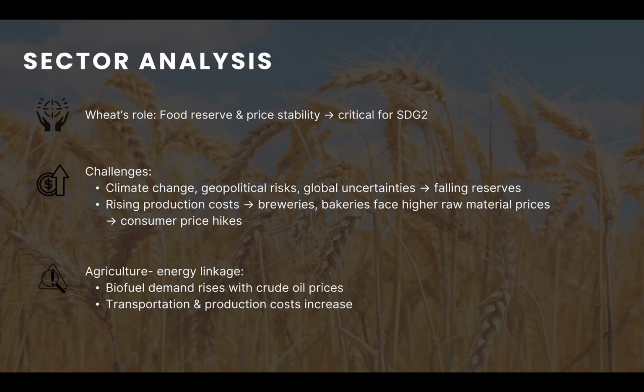At the same time, agriculture is closely linked to the energy market. Higher crude oil prices increase transportation and production costs, but also raise demand for biofuels, which further drives grain demand.